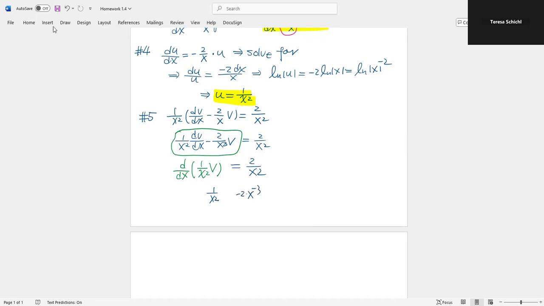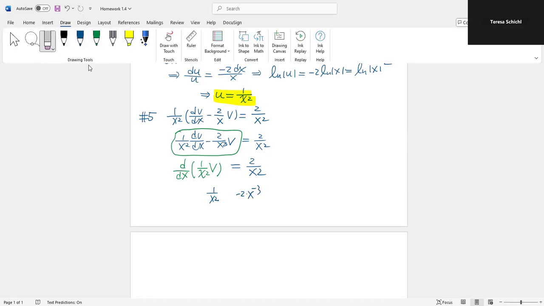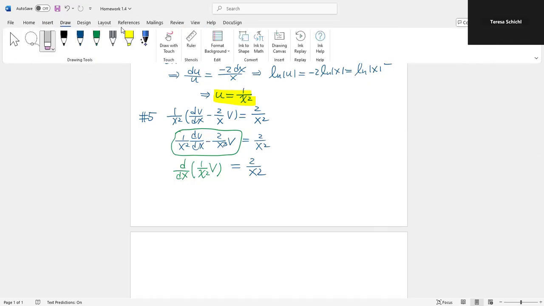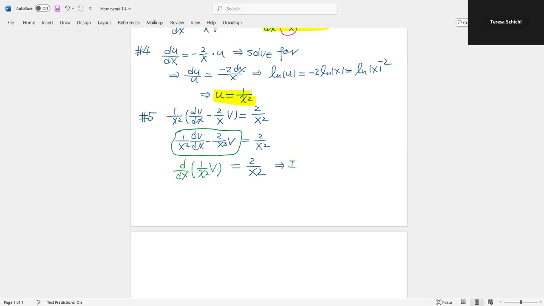So it's a match with what I have on the left-hand side. Then after this, we can just integrate both sides.